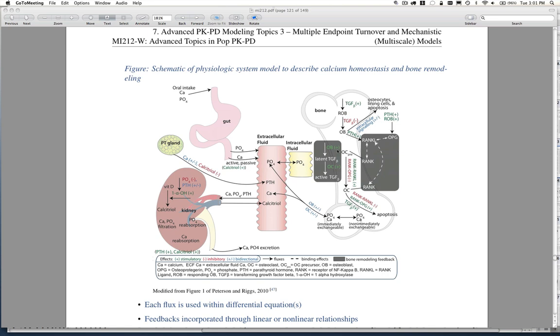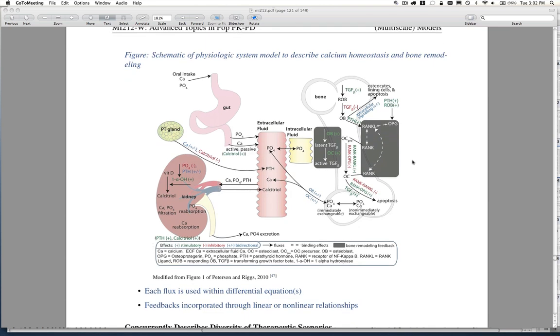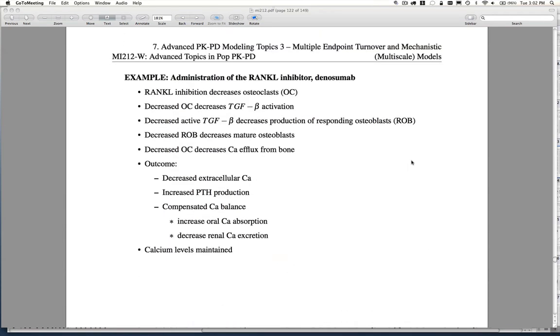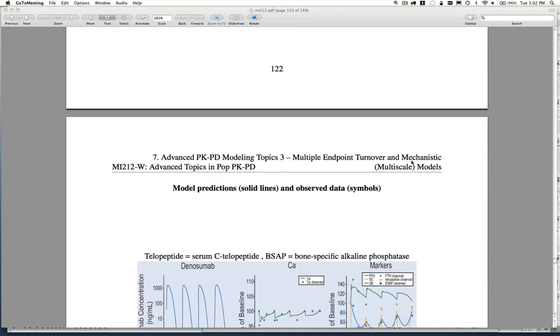So again, this is one of those internal checks and balances within the physiology of bone, and it's a matter of being able to describe those mathematically so that you can understand how each of those is affecting the outcomes that you're observing.